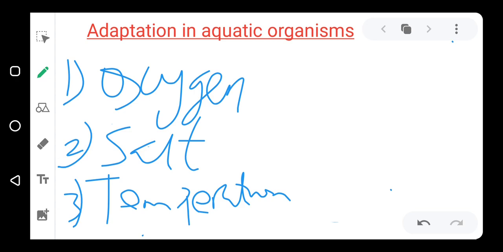In fish, for an example, we have what you call gill. In fish we have gill, and this gill helps them to take dissolved oxygen. Even though there is no air inside water, in the water bodies we still have what you call dissolved oxygen.